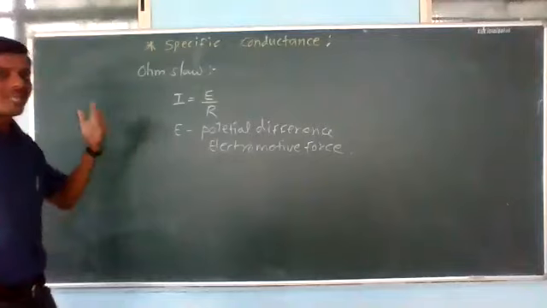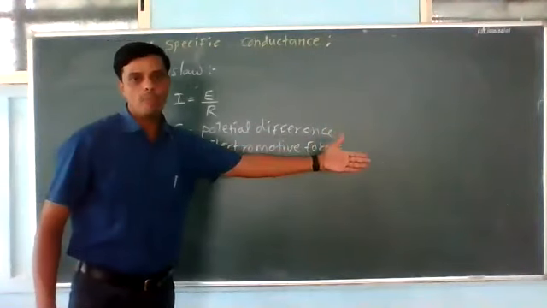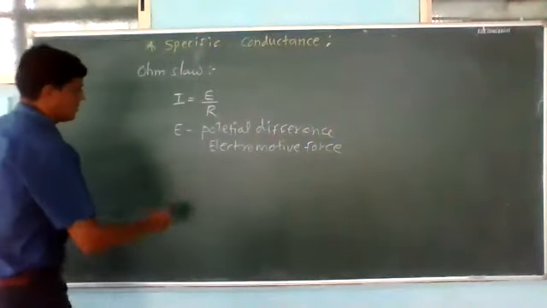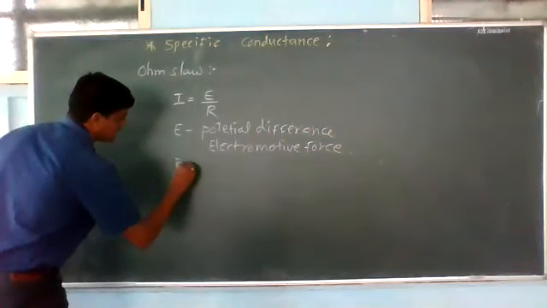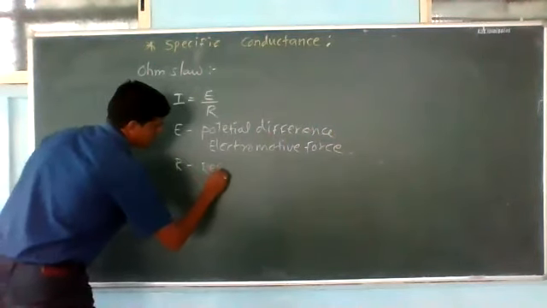The force causes the electric current to flow from high potential to low potential region. And here R is resistance.